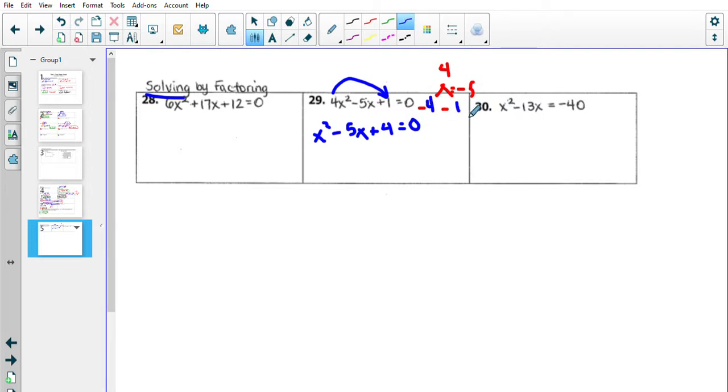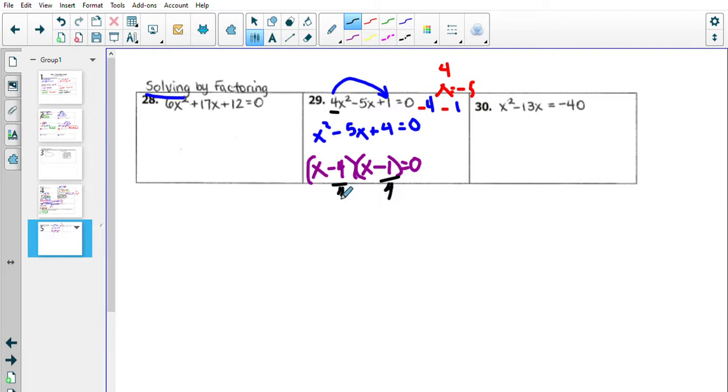So we have a -4 and a -1. So we can do x minus 4, x minus 1, still set equal to 0. And because we multiplied the 4 at the beginning, we now have to divide by the 4 here.